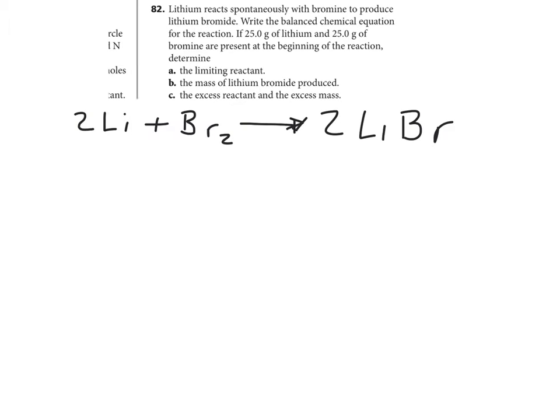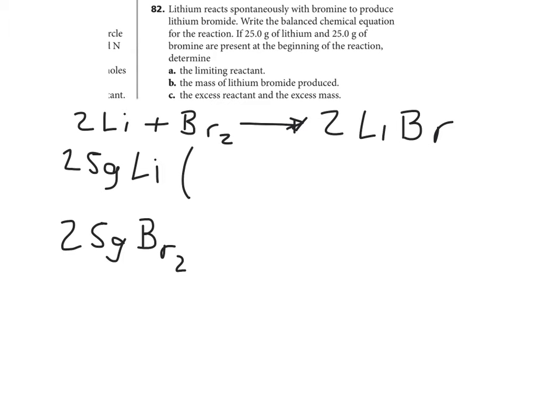Alright, so now to calculate the limiting reactant, first we need to determine the amount of moles of lithium bromide produced from each of the two reactants to see which one has the lowest yield.